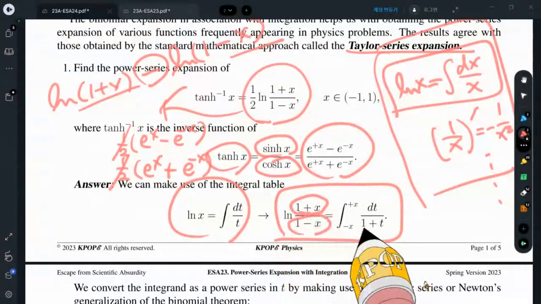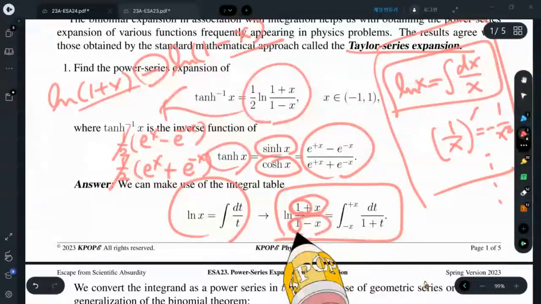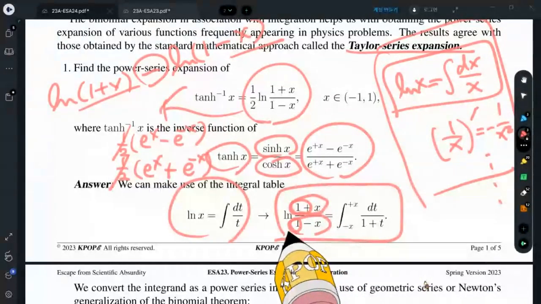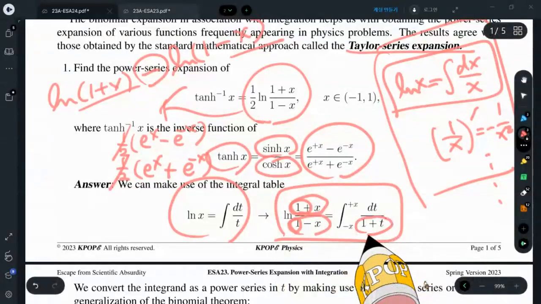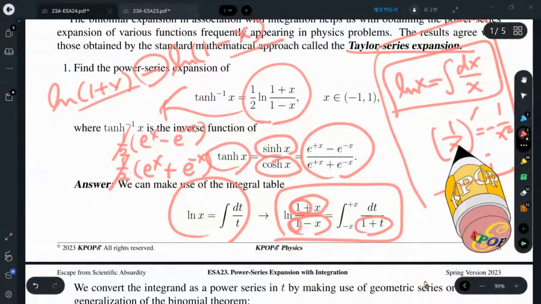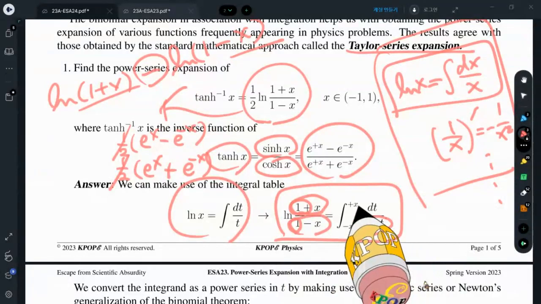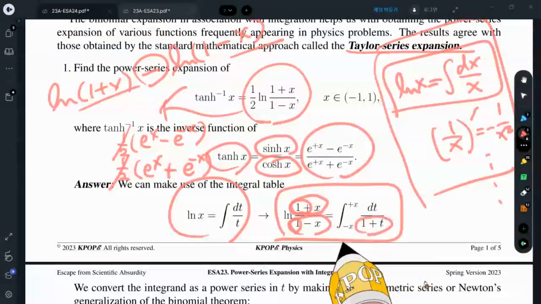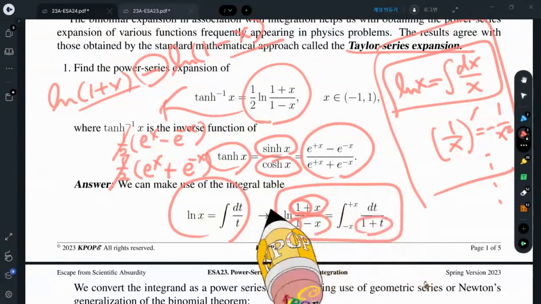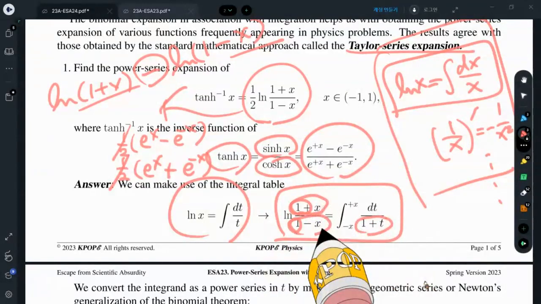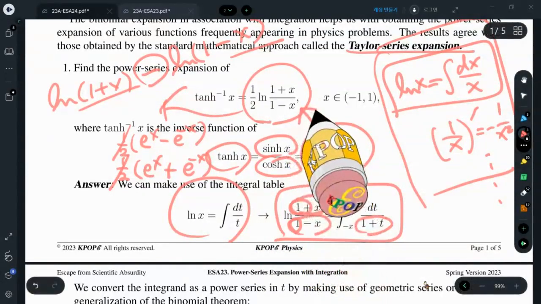Because of the 1 plus in here, I can make a change of variable if the denominator is not x, about 1 plus x style, and use the upper limit and lower limit for positive and negative sign, we can reproduce this one. Okay, that's fine. So I can make use of this relation.